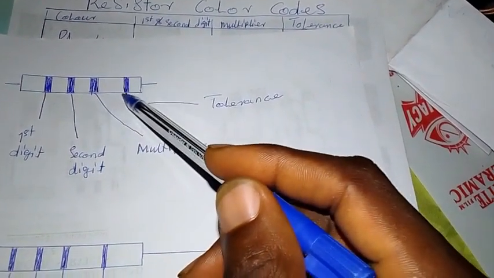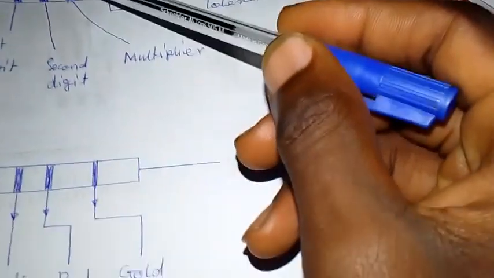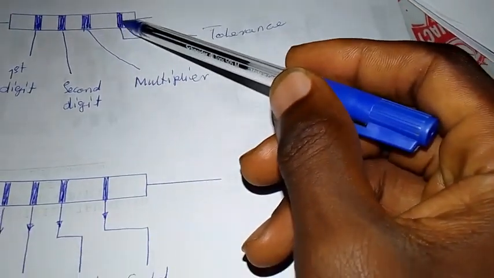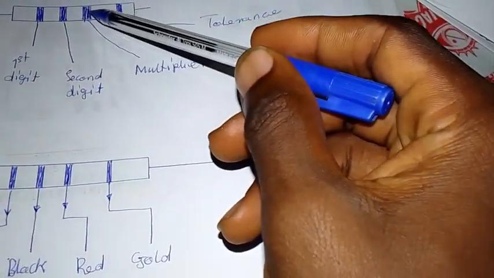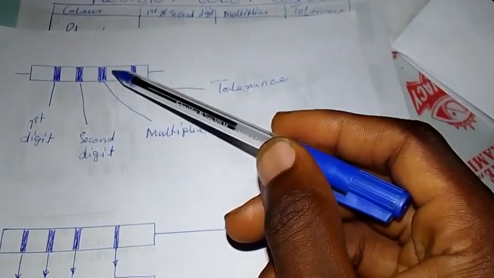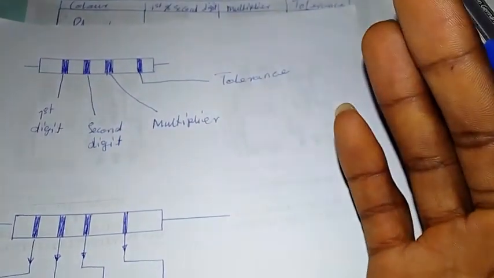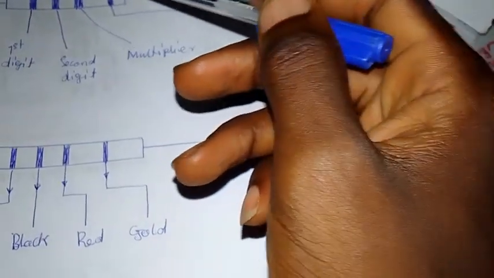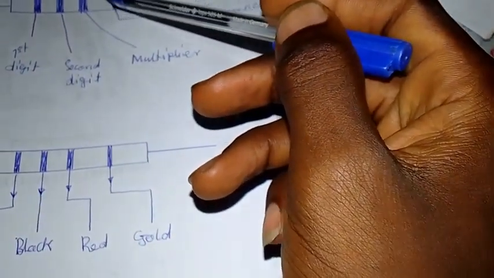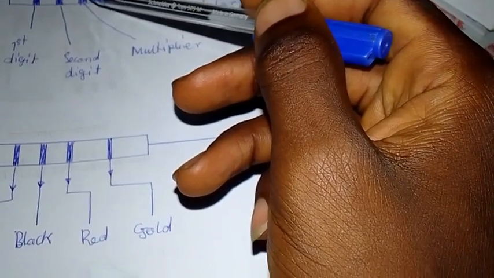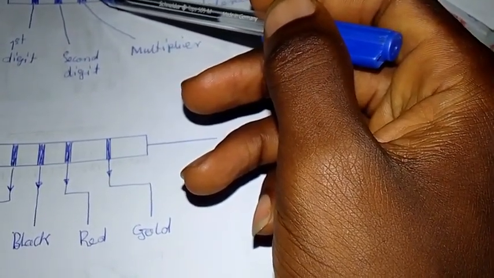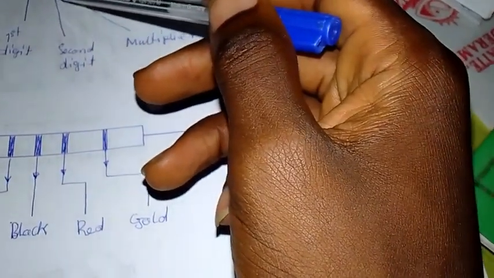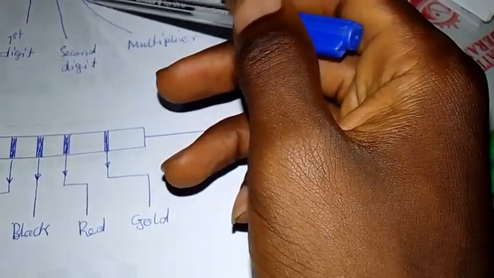In most resistors you see, the tolerance will have a bigger spacing than the normal colors. If you take a physical 4-band resistor, you discover that the tolerance band has much more space than the spaces between the normal colors.